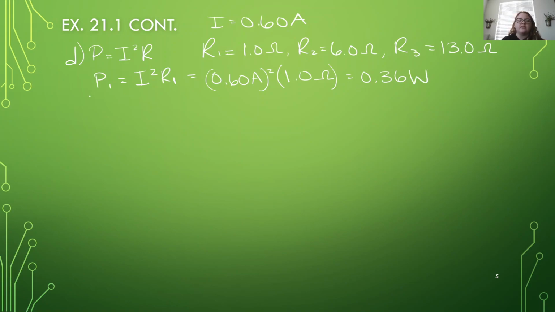Okay, so this is the power that was dissipated at the first resistor. Power dissipated at R1.